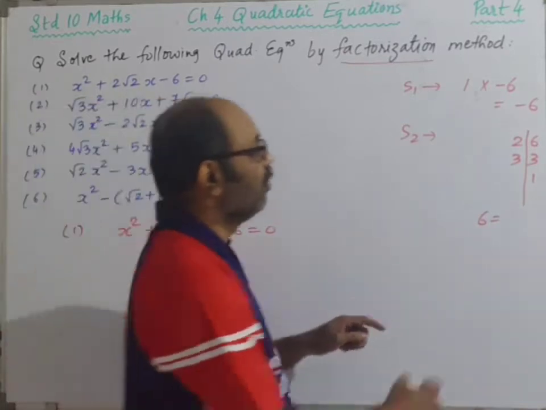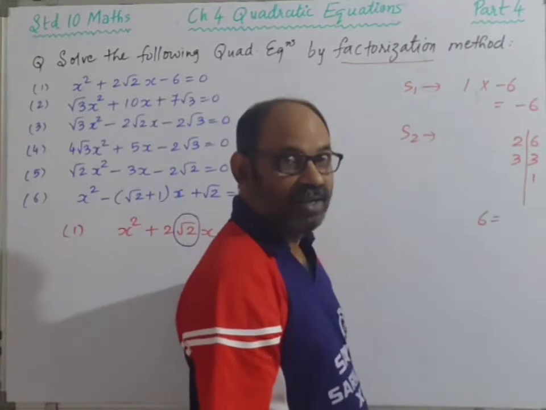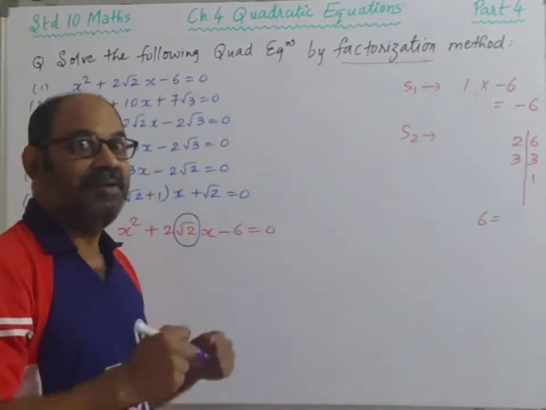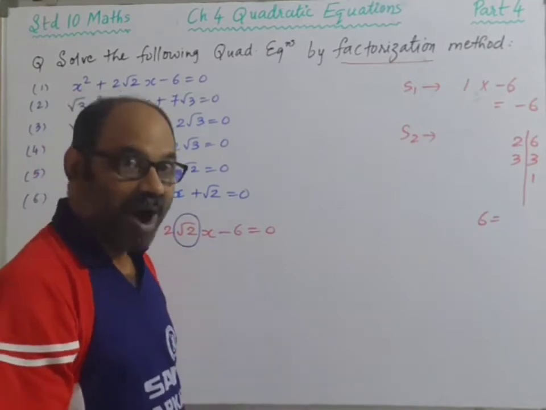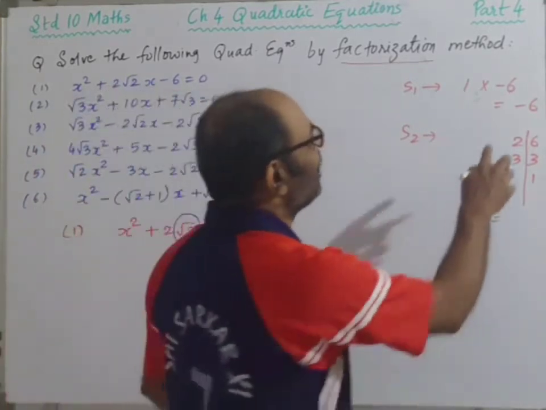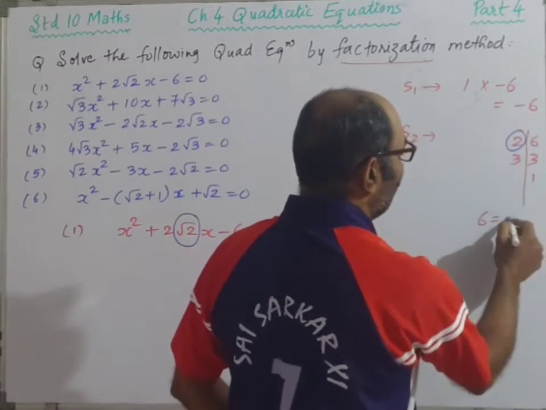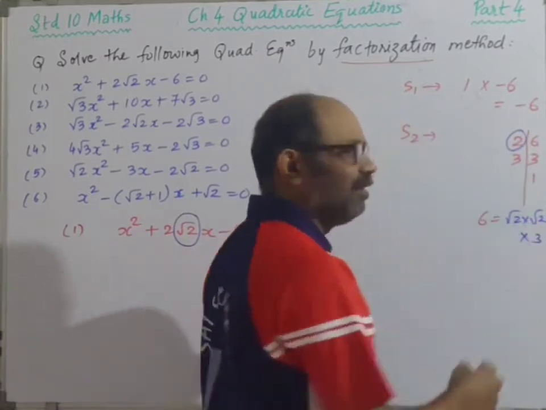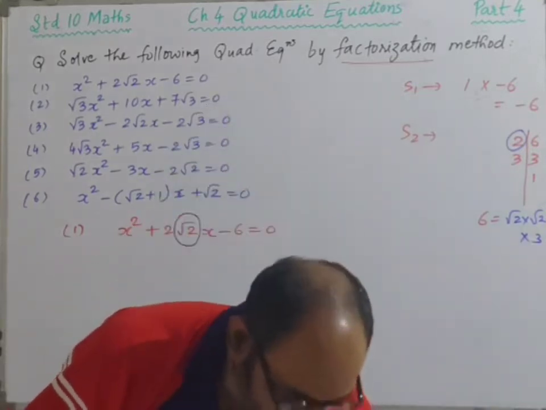So here the factors are 2 into 3. But we need root 2. Root 2 is in demand. So demand and supply. Instead of this 2, I am going to write root 2 into root 2 and then multiply by 3. Is that clear to you?